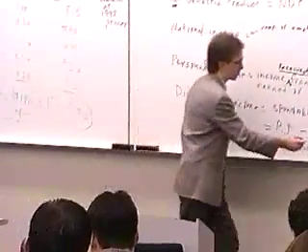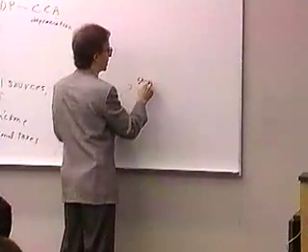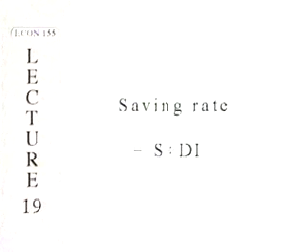Sometimes, where will I write this? Right over here. We hear something called the saving rate. And that's equal to saving divided by disposable income.